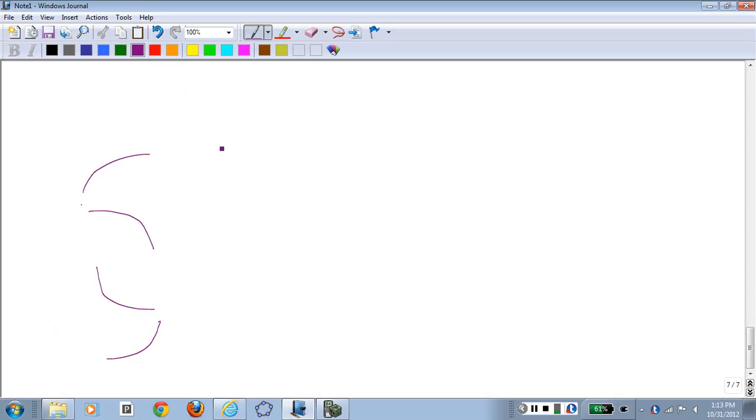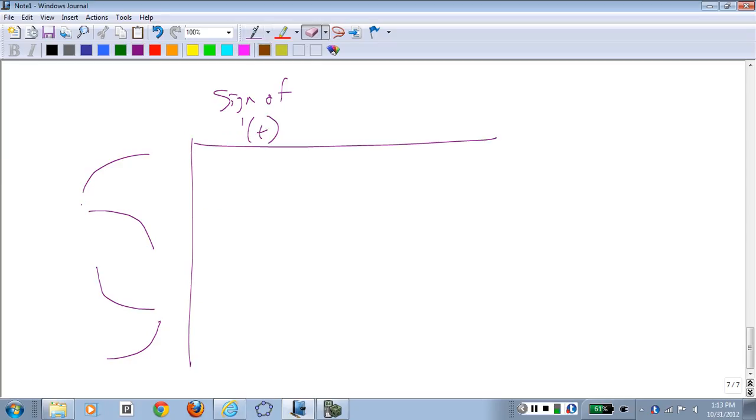Basically, I'm going to set up a chart here. Sign of s prime, it's actually the velocity, and the sign of s double prime of t.